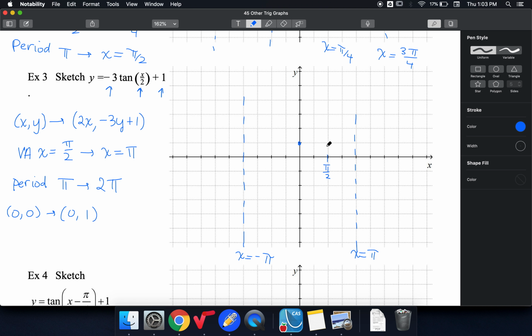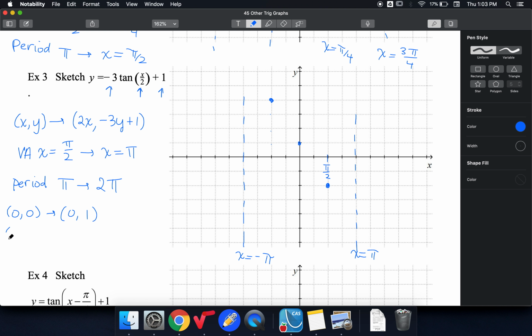Sorry, triple that value would take you to negative 3, but then also have it moved up 1. So I can also think of it as going a quarter of the way and then down 3, because I've already accounted for that plus 1 by moving my starting point. So a quarter of the way up 3.